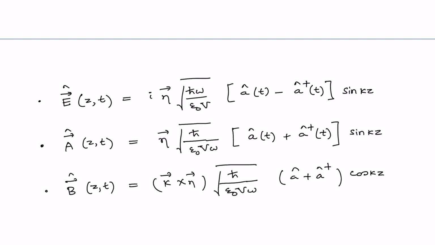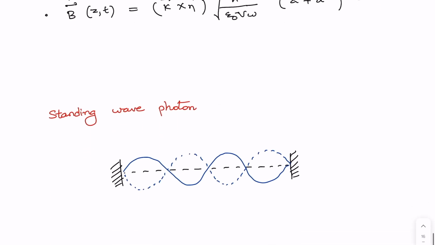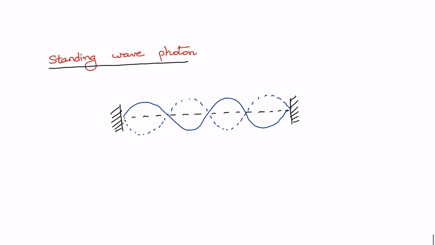However, now let me make a few comments about the concept of photon in the context of a standing wave. As you know, even in the case of a standing wave, the quanta of light is called a photon, but there is a subtle difference between the standing wave photon and the photon in the propagating wave, because the standing wave, as you can see, is formed due to the superposition of two counter propagating waves, and these waves have wave vectors in opposite directions.